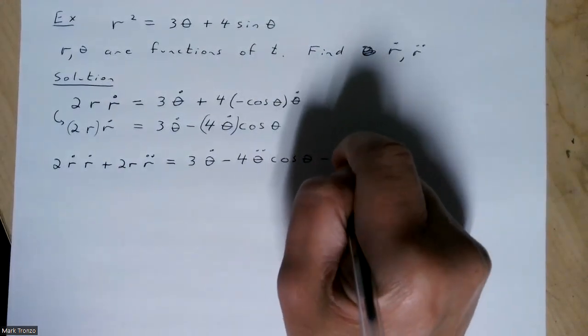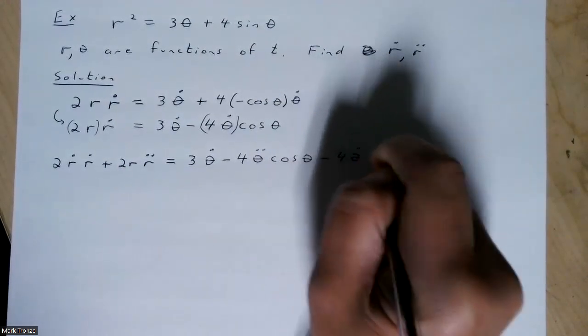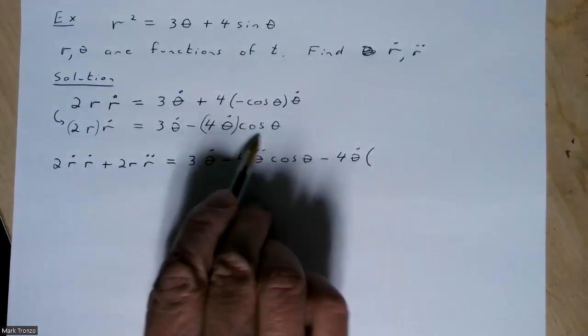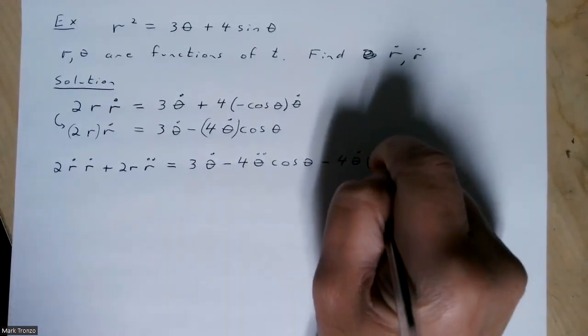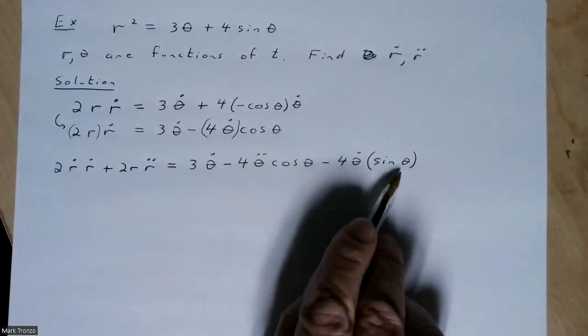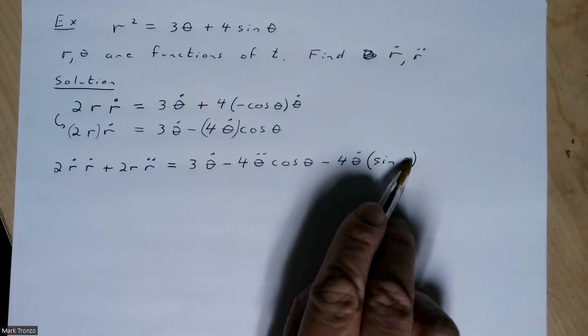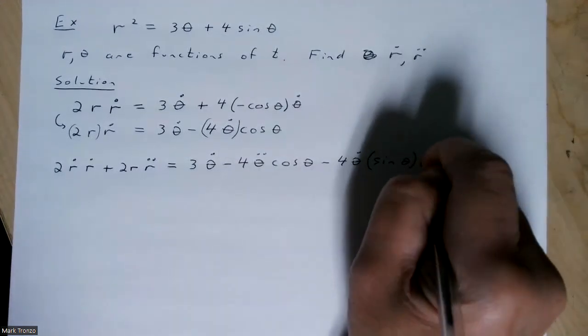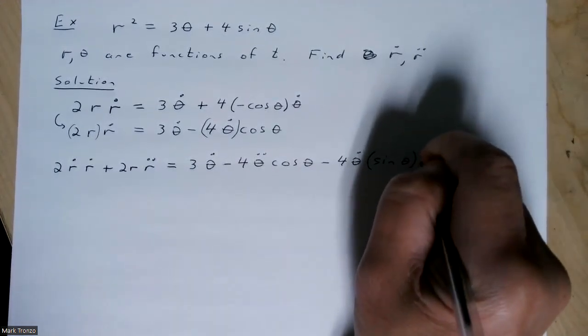Then it'll be the first times the derivative of the second. So cosine goes to sine. We have to use the chain rule. Derivative of this, that's going to be theta dot like that.